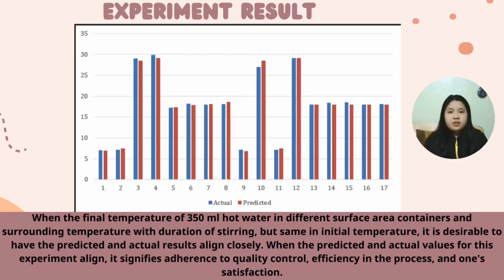When the final temperatures of 350 ml of hot water are measured in containers of different surface areas, at different surrounding temperatures and durations of stirring, but the same initial temperature, it is desirable to have the predicted and actual results align closely. With the predicted and actual values for this experiment aligned, it signifies adherence to quality control, efficiency in the process, and satisfaction.